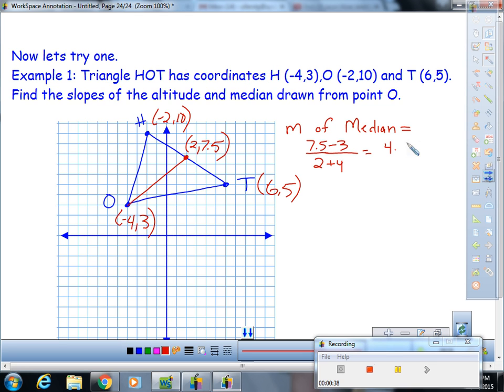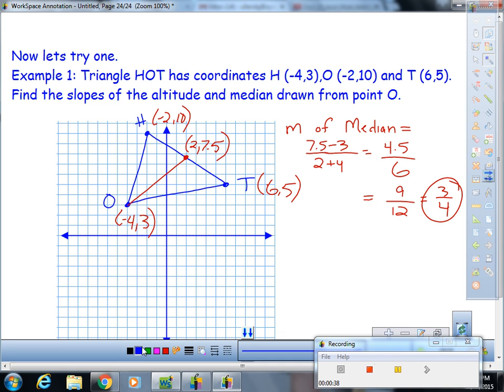So it's 4.5 over 6. If I double that, I get 9/12, which equals 3/4. So the slope of the median is 3/4.